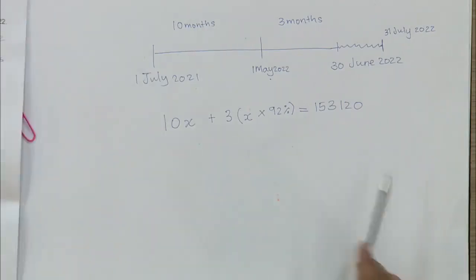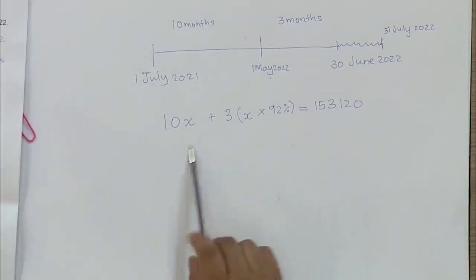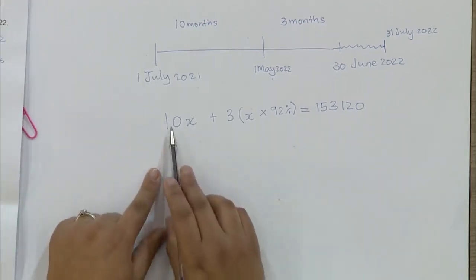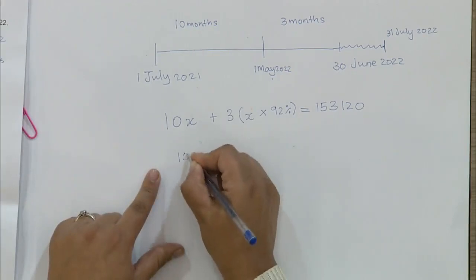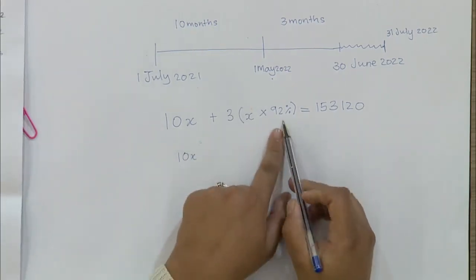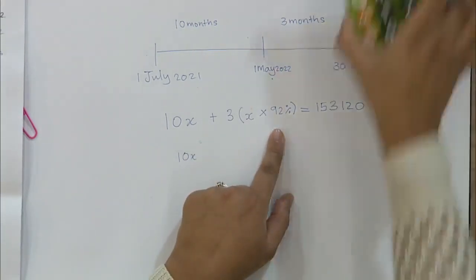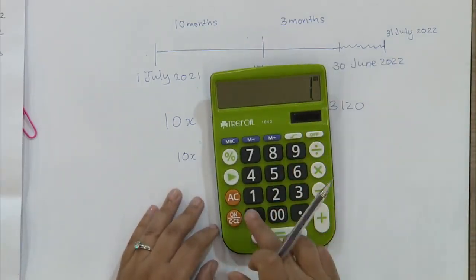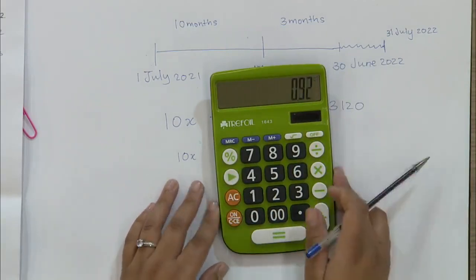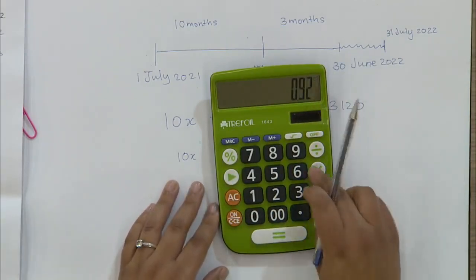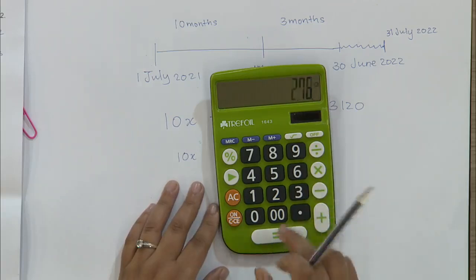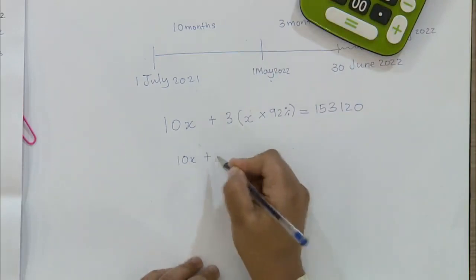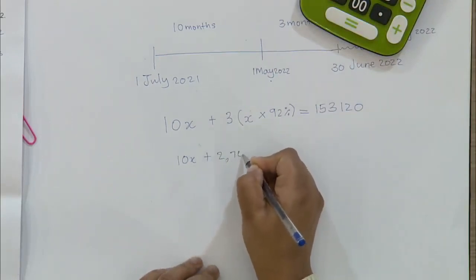Right. Then, we all did basic mathematics up until grade 9. Right. What we're going to do? That 10x, and you're going to say 92%, and 92% is essentially 92 divided by 100 gives you what? 0.92 times 3, and that will give you 2.76, plus 10x. 2.76x.